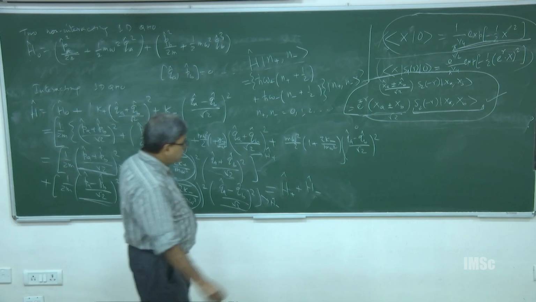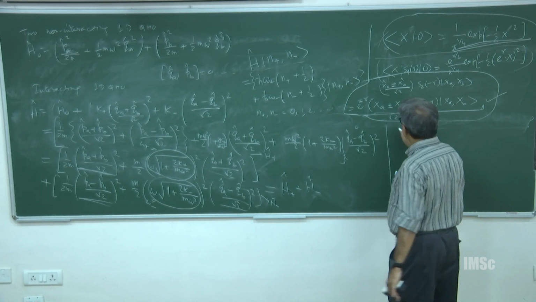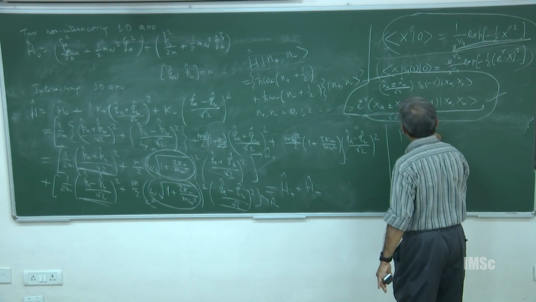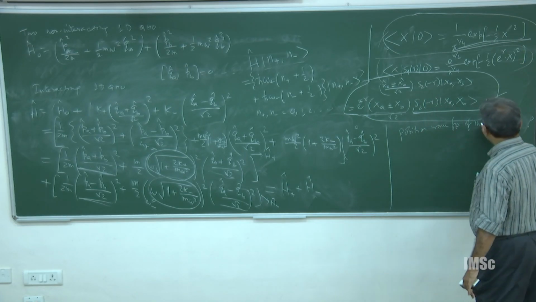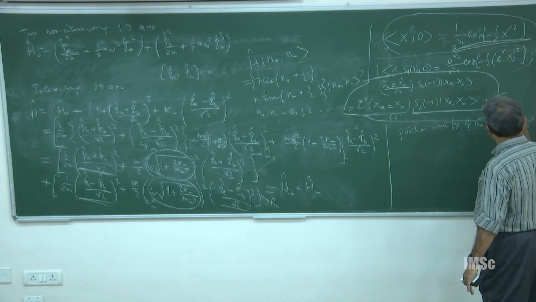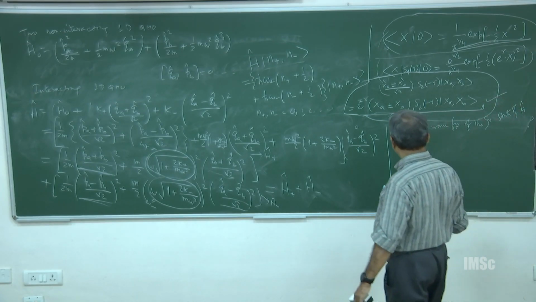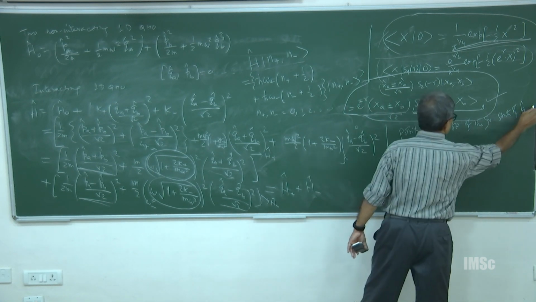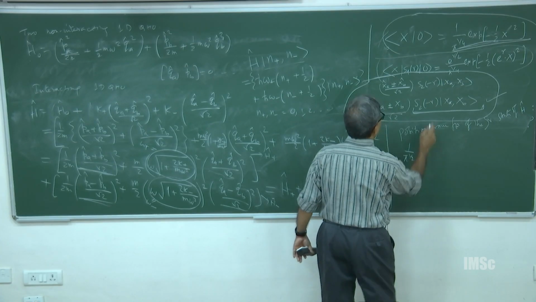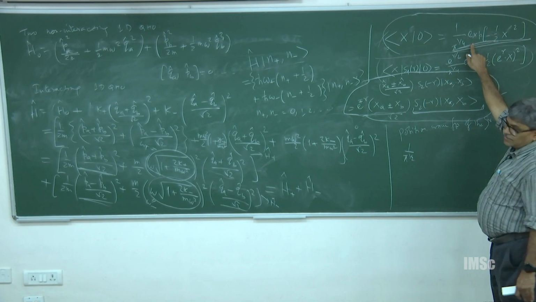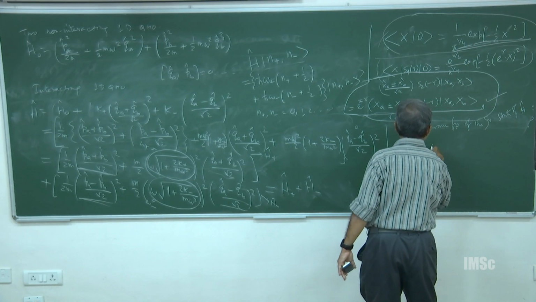The position wave function of the ground state of H. So what will this be? 1 by pi to the power half, because 1 by pi to the power 1/4 is here, 1 by pi to the power half, then exponential of minus half.